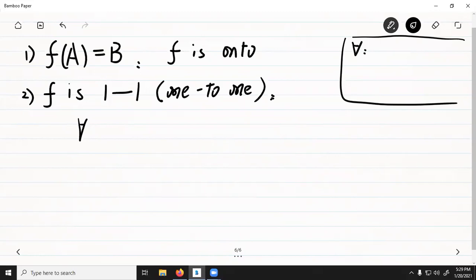This one means for any. For mathematicians, we don't want to write many words, so we always use some symbols. We use this one, which means there exists.